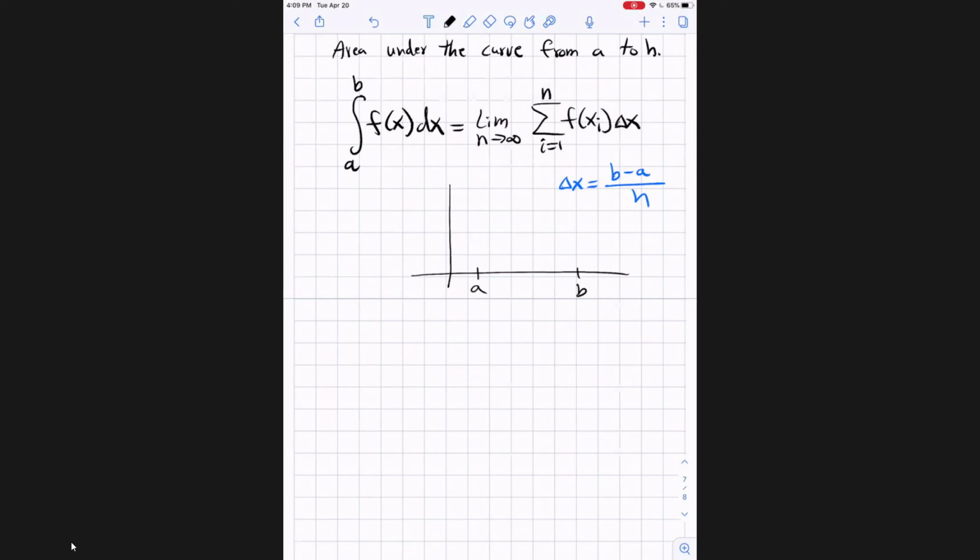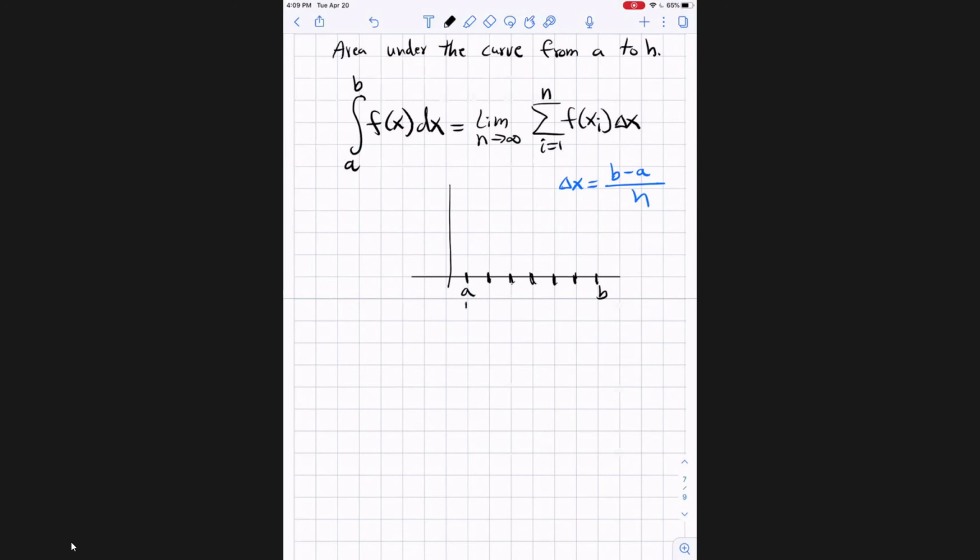Let's say this is a, and this is b. Let's say you're partitioning it into 1, 2, 3, 4, 5, 6 rectangles like I just did here from a to b.